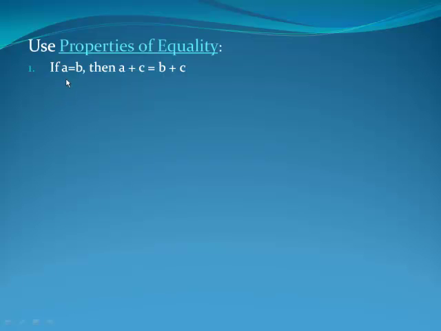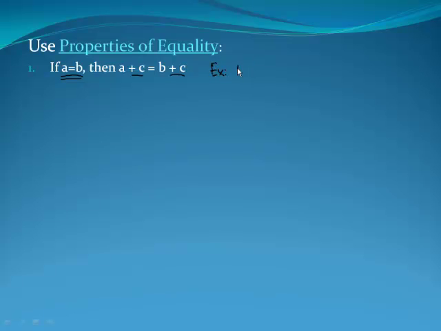So property number 1 says, if A equals B, then A plus C equals B plus C, which simply says if you have any equation and you add something to the left-hand side, as long as you add the same thing to the right-hand side, the equality remains true.